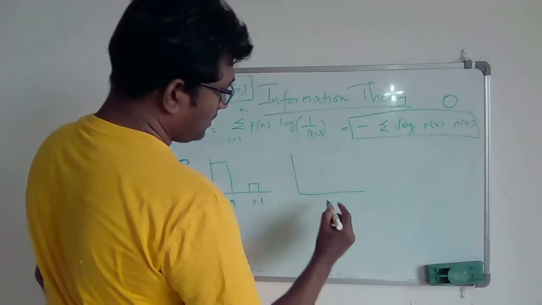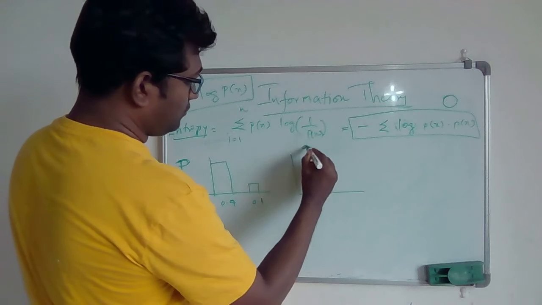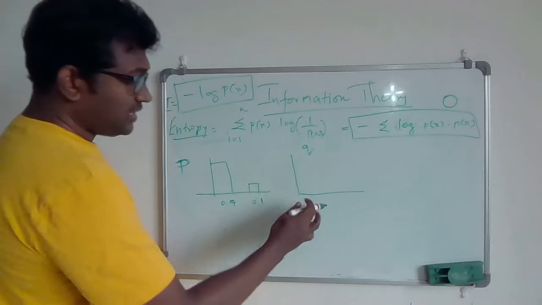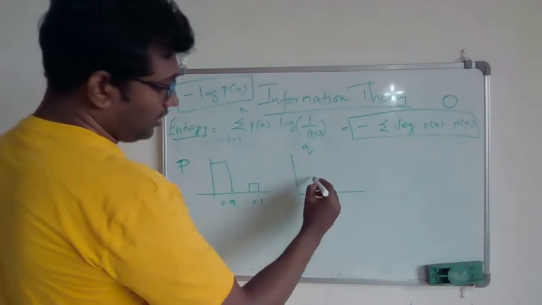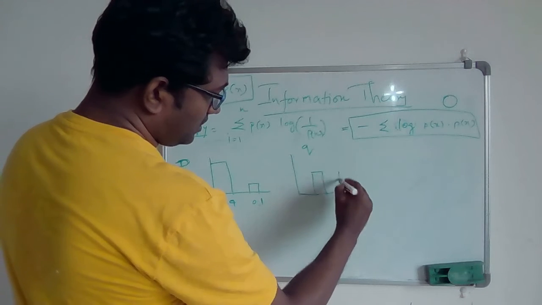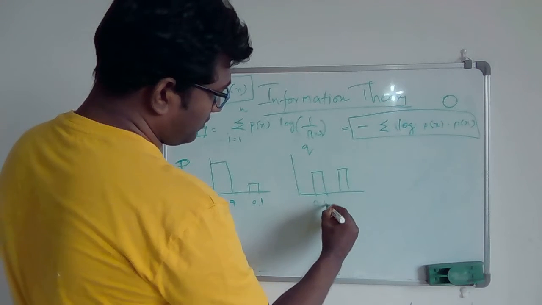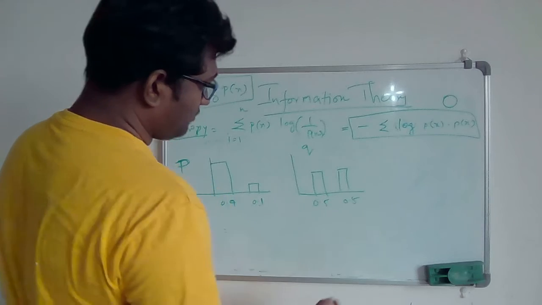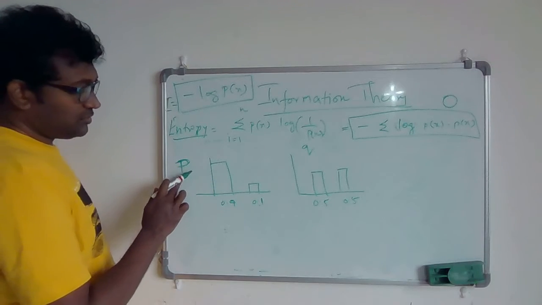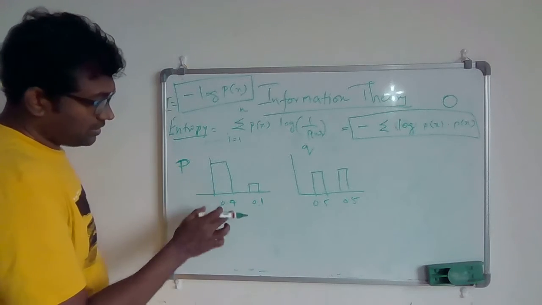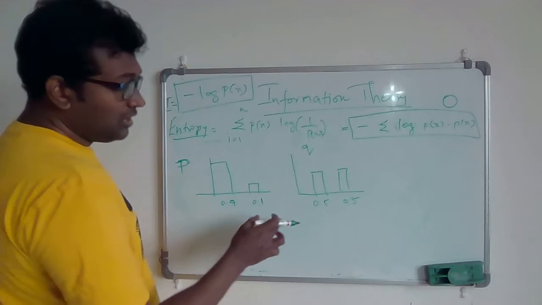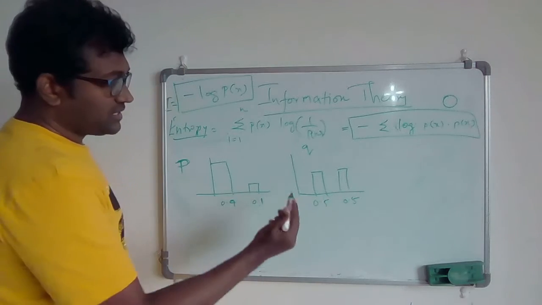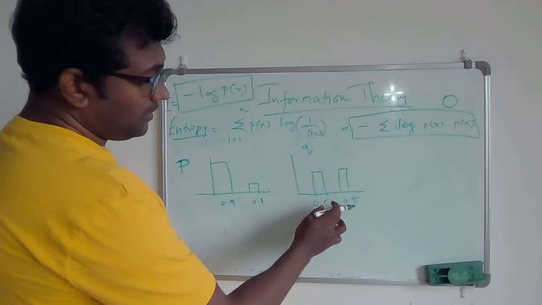And there is another distribution which is Q. Let's say this is a model which you build, and the output of the model says the probability of getting heads is 0.5 and the probability of getting tails is 0.5. You know that your coin is biased, but you're trying to build a model which predicts that both sides are equally probable.